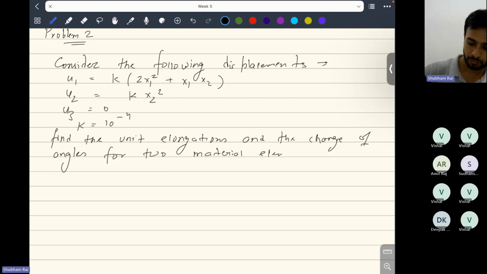So to find it for two material elements, the first material element is given by this quantity dX1, that is dX1 E1. So it's in the direction of E1, and the second is in the direction of E2.